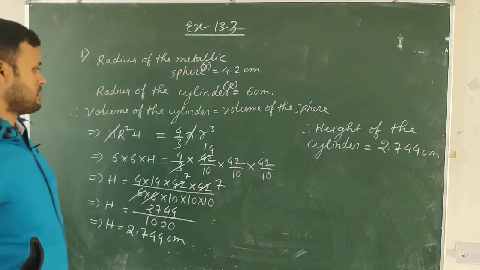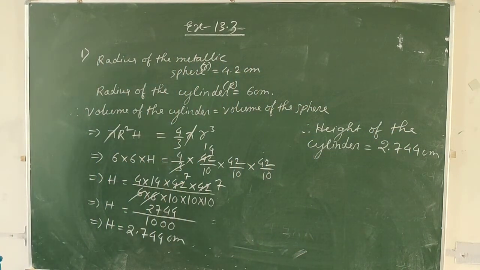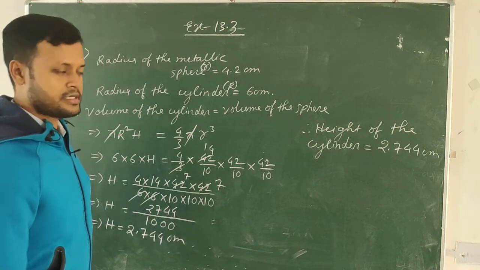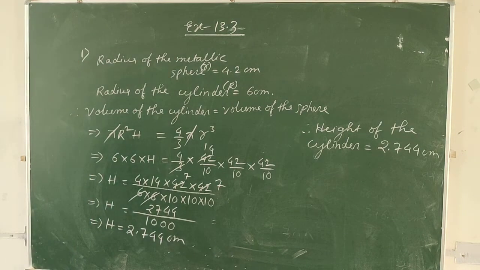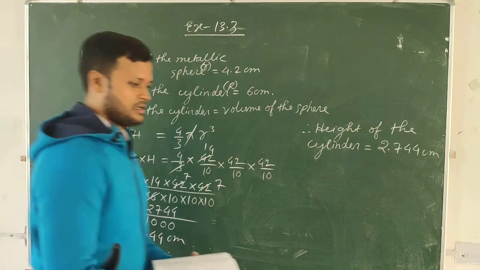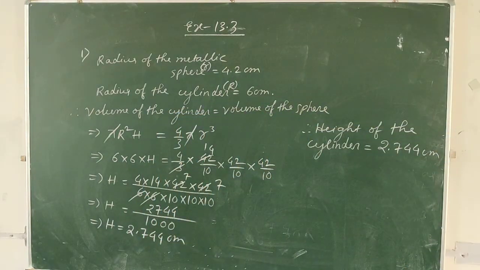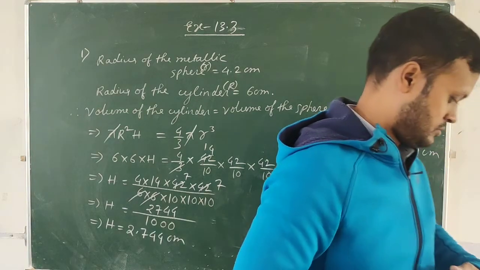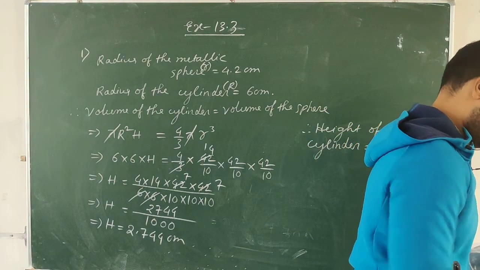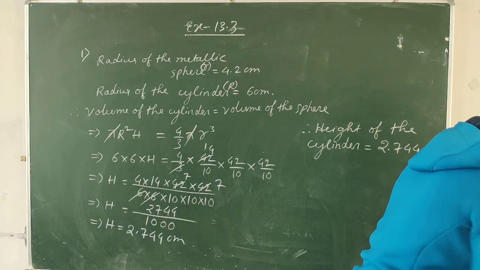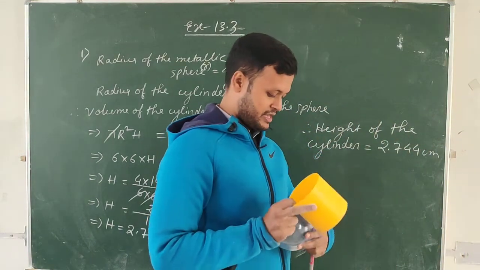Okay, we'll just see the sum, students. See here, the sum is like this. One metallic sphere is there.